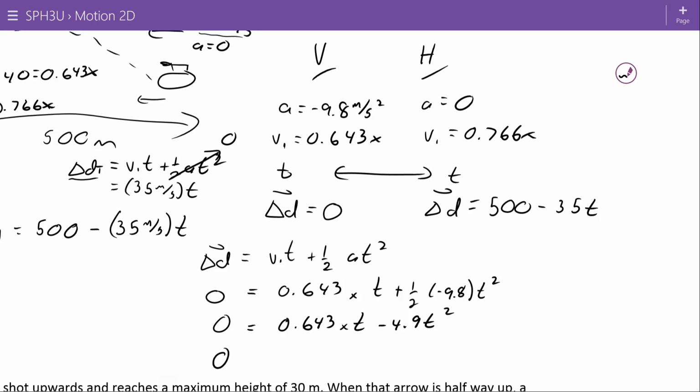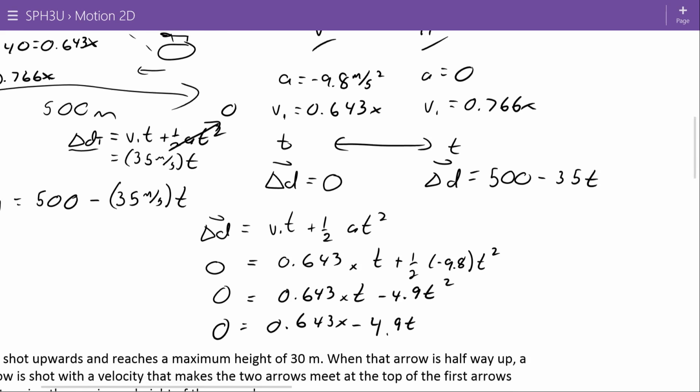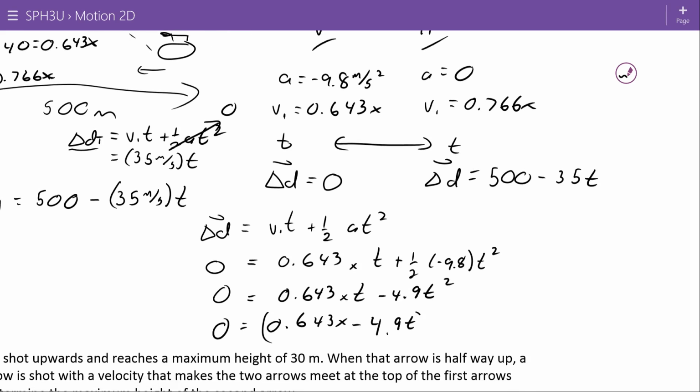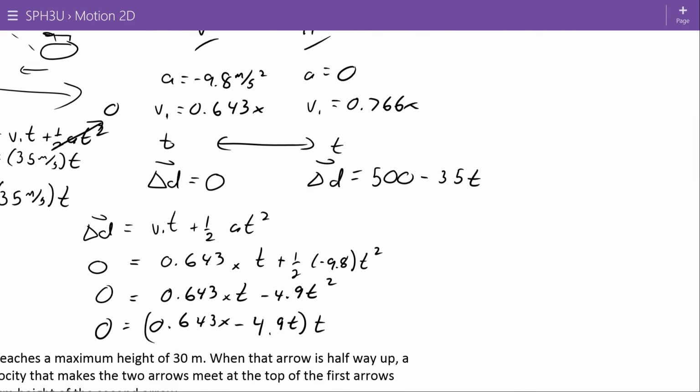If I factor out the t, there we go. Then I have a quadratic type of situation here where I say either this binomial or this binomial is equal to 0.